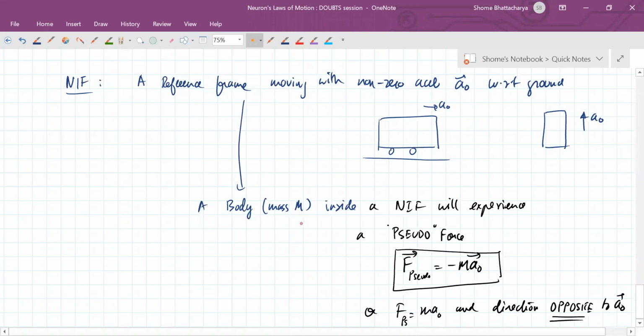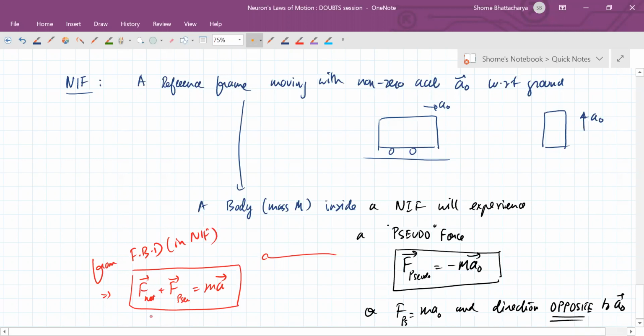So when we make the free body diagram of that body in the non-inertial frame, we will say that the net force acting on it plus the pseudo force equals m into a, where now the acceleration of the body is the acceleration with respect to the non-inertial frame. Okay. So this is the concept of pseudo force.